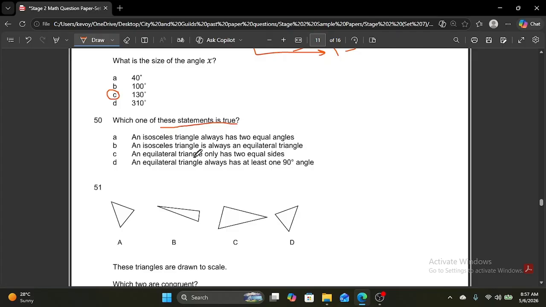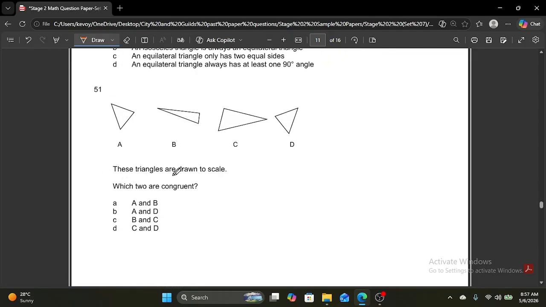An equilateral triangle always has at least one... That is incorrect. So the answer is an isosceles triangle has two equal angles, and that is correct. So an isosceles triangle does have two equal angles. So that's the correct answer, A.